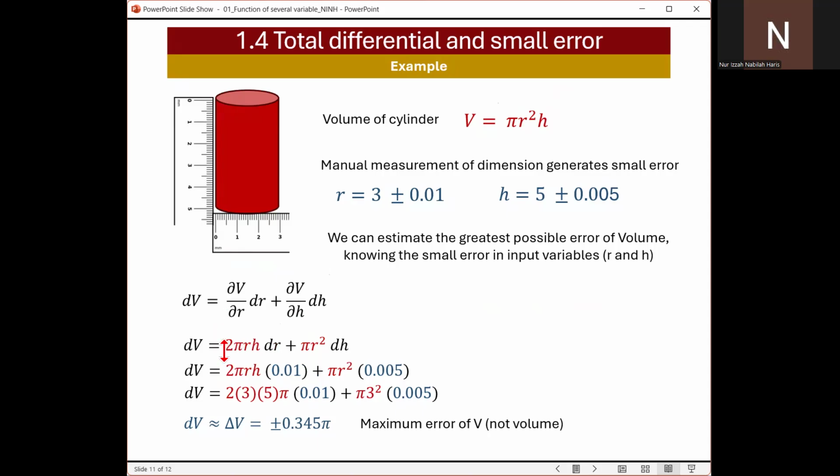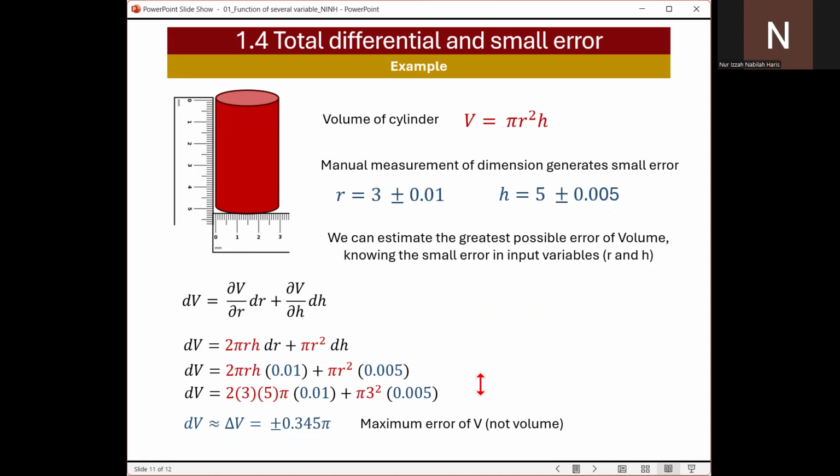So 2 pi r h here is the partial derivative with respect to r, and pi r square here is the partial derivative with respect to h. And dr and dh here come from the values of the errors, 0.01 and 0.05.